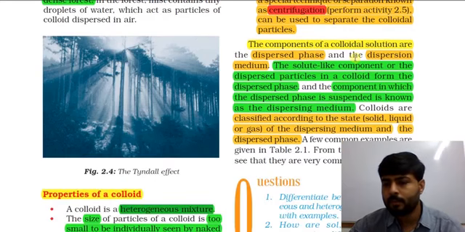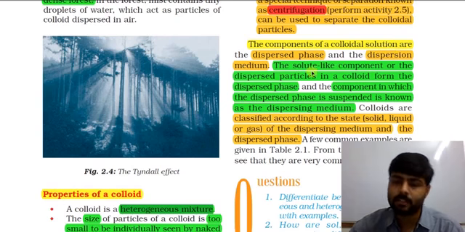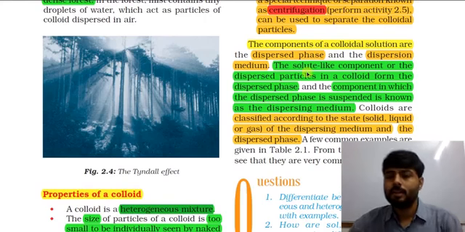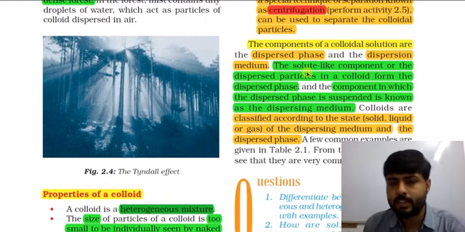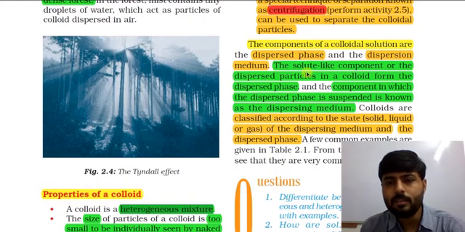The components of colloidal solution are two: dispersed phase and dispersion medium. As we have seen yesterday, there are two components of solution, that is solute and solvent.